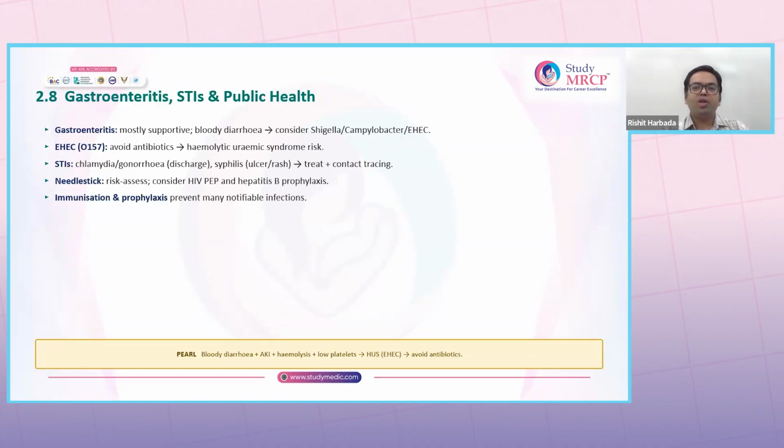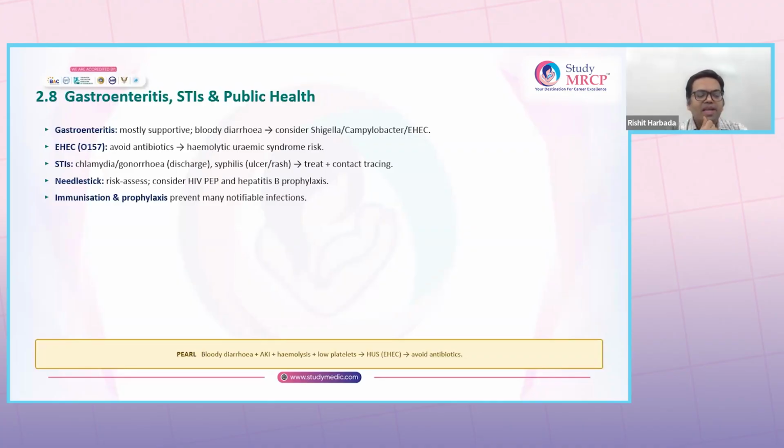EHEC, that is enterohemorrhagic E. coli, you will have bloody diarrhea without fever and HUS will be present. Vibrio cholerae, rice water stools will be present in Vibrio cholerae. Giardia, fatty stools, foul smelling after travel. And C. diff will happen after antibiotics. Okay.